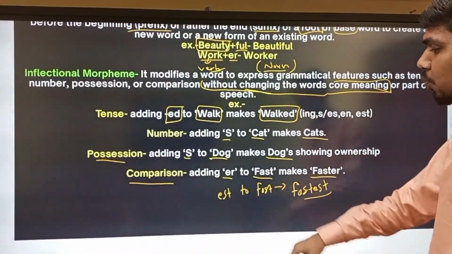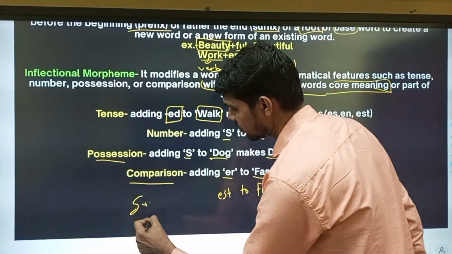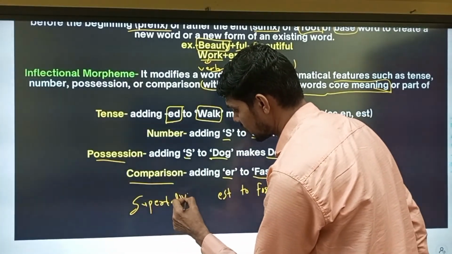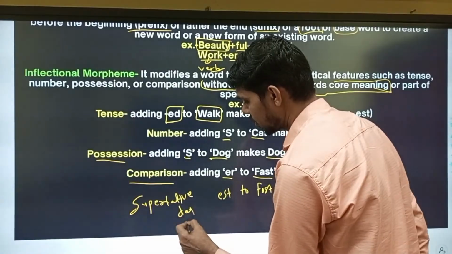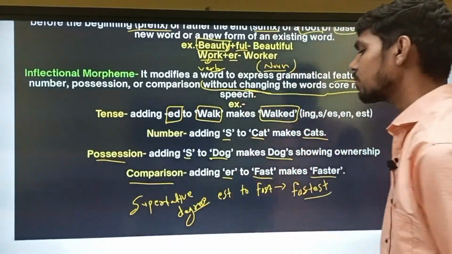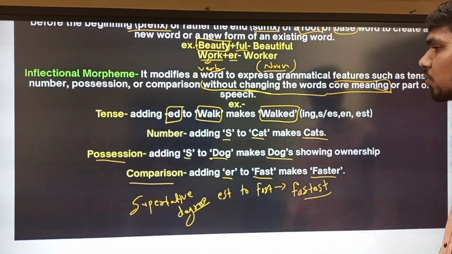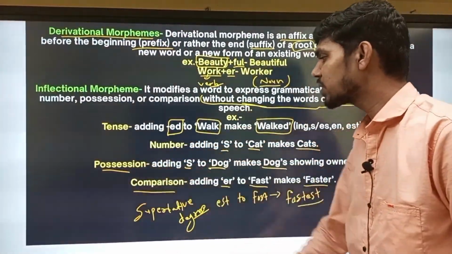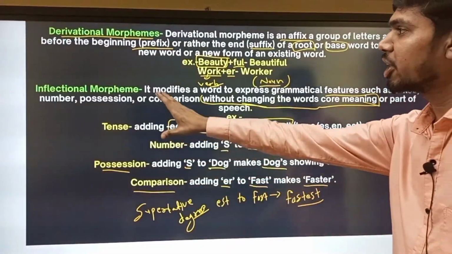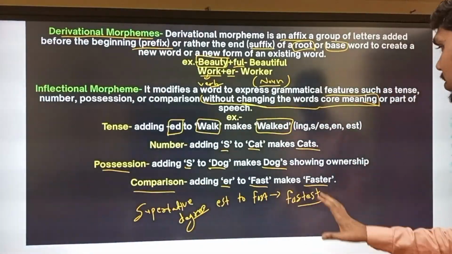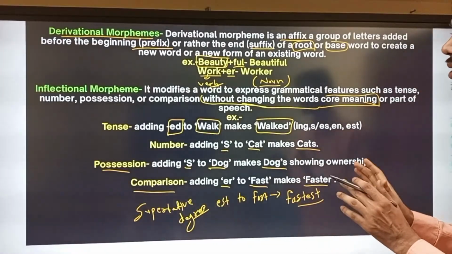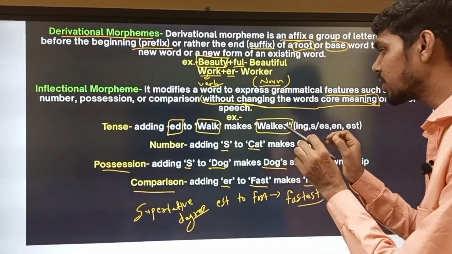So this is the superlative degree, the degree of comparison. So this kind of tense, number, possession, and comparison, these are called inflectional morphemes. They cannot change the core meaning of the word. The word's meaning remains the same.